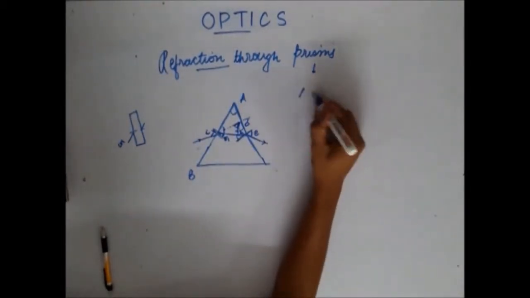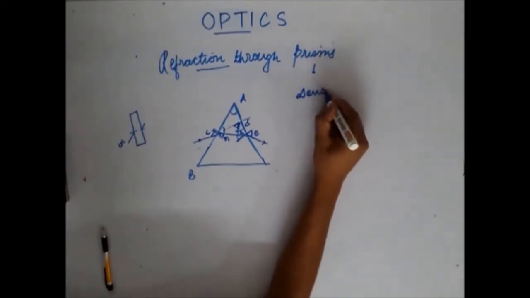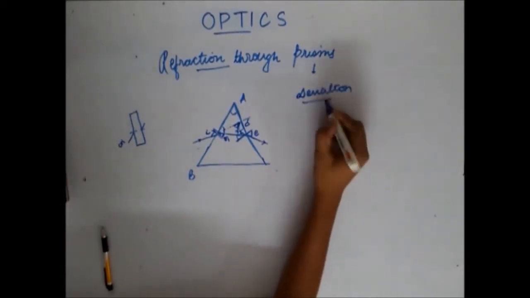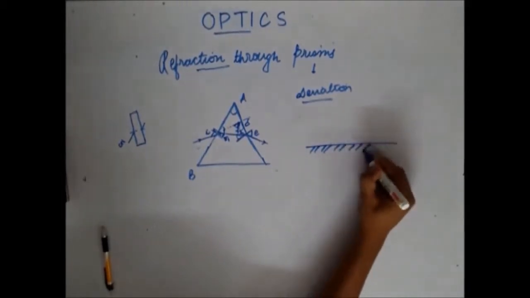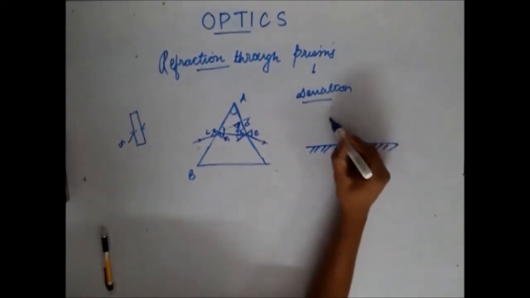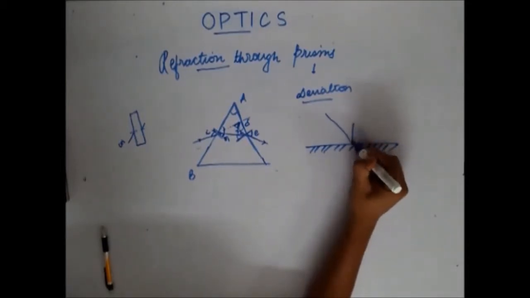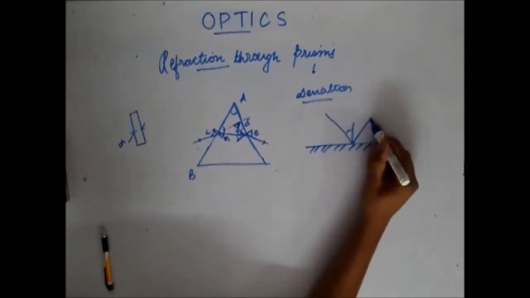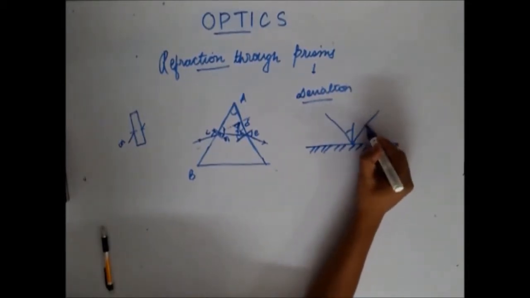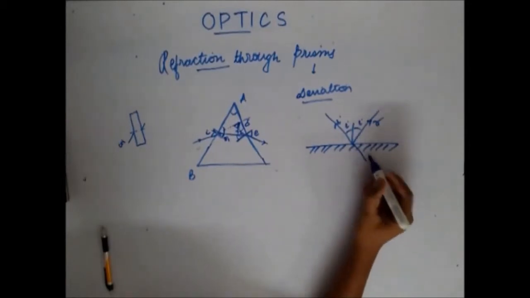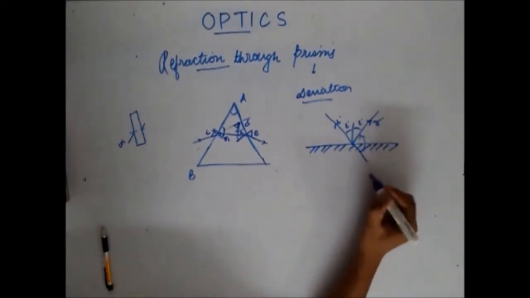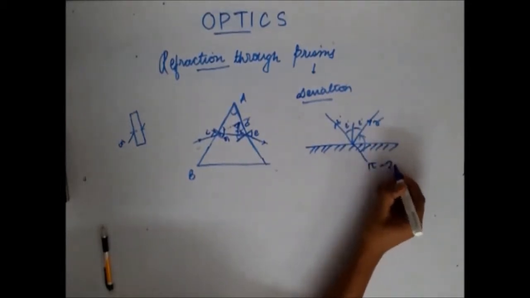You know that in case of reflection, if this is my incident ray, this is my reflected ray, my deviation occurring is this amount, which is equal to pi minus 2i.